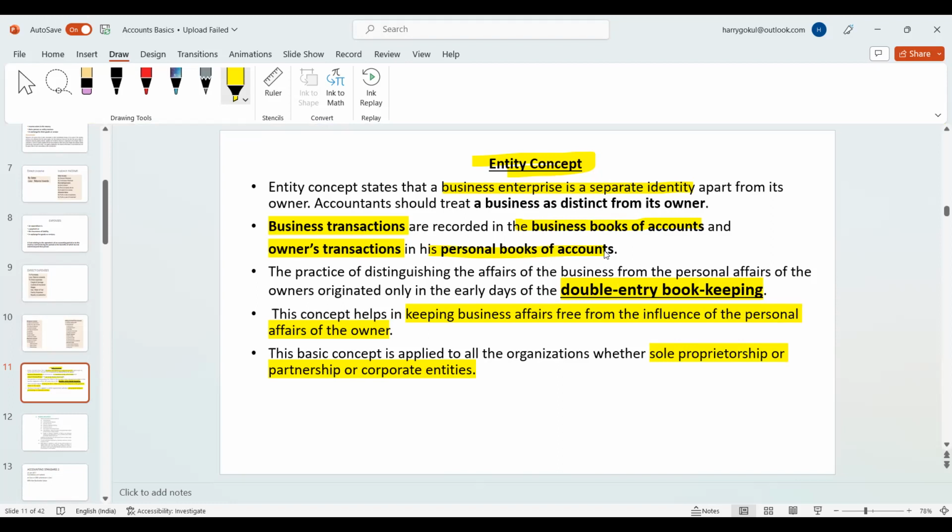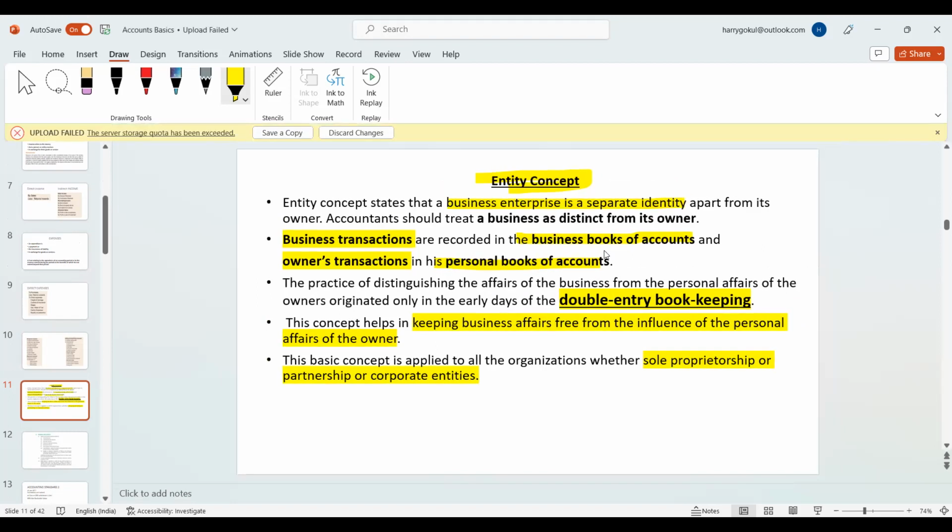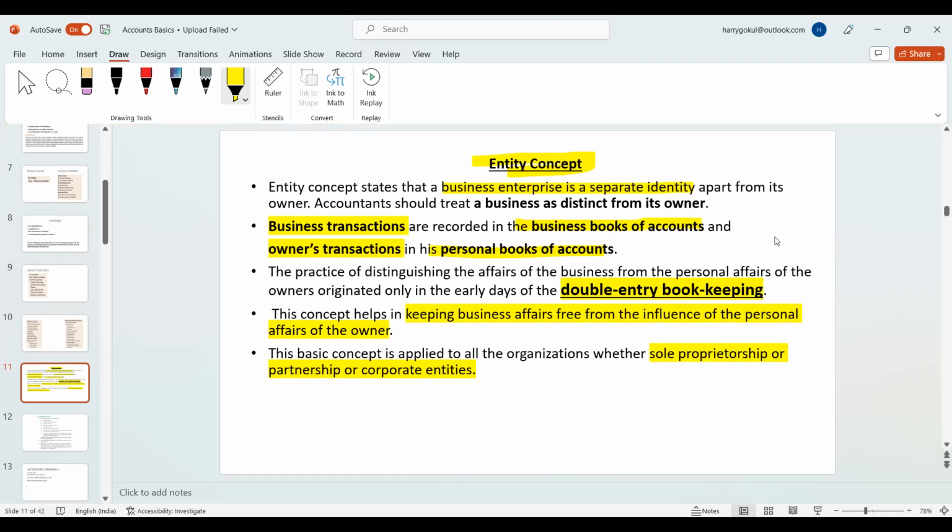Just imagine I'm dumping 12 lakh rupees of my personal expenses into the business books. Then it won't give an appropriate picture of my business performance, so I can't do such a thing. That's the reason business transactions and owner transactions are recorded in two different books.